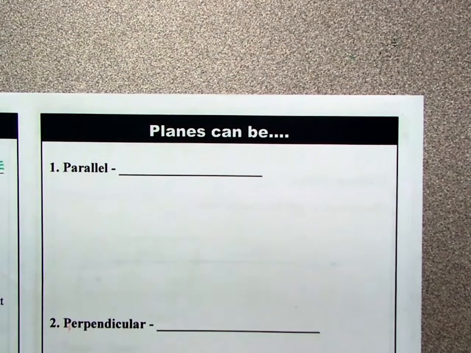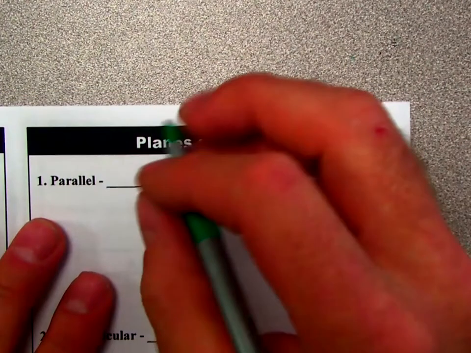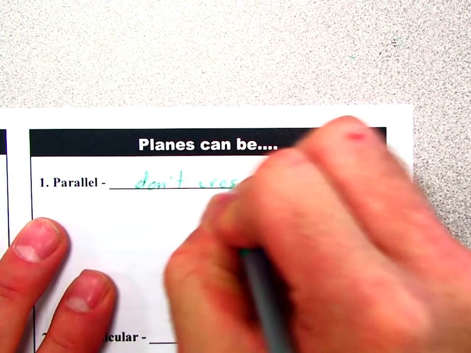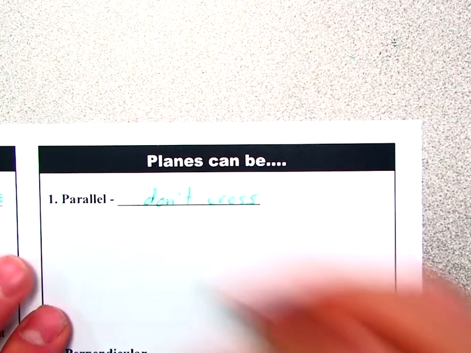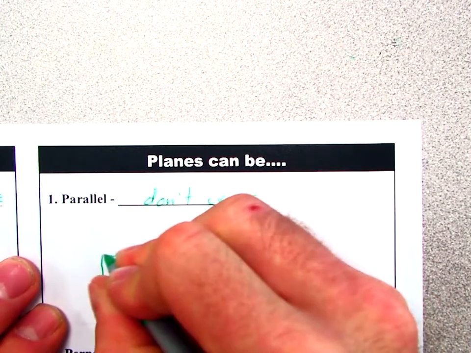Planes are similar. I mean, they can intersect or they can not intersect and be parallel. So if they have two planes that are parallel, that just means they don't cross. And again, it's kind of helpful just to draw a box.